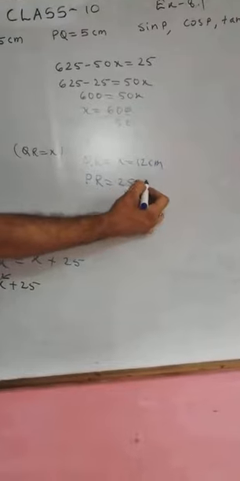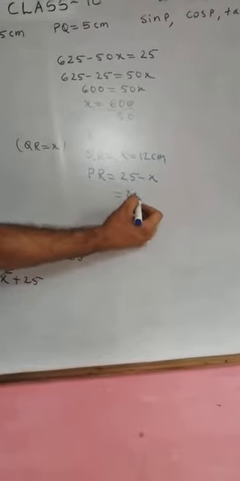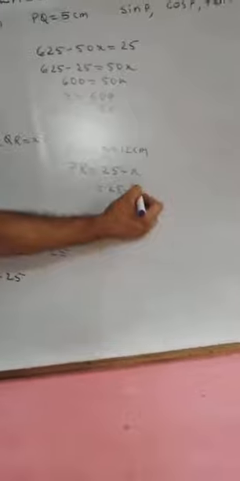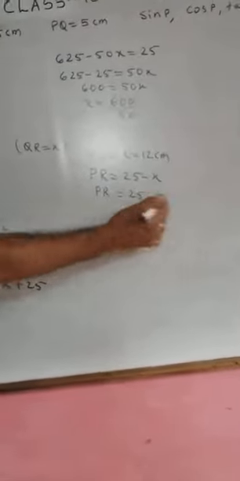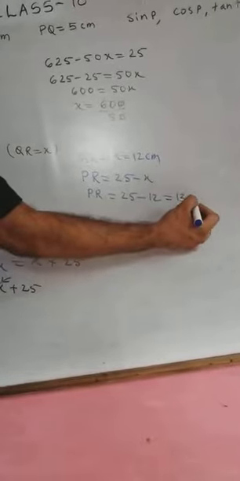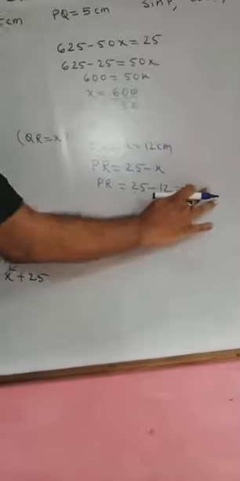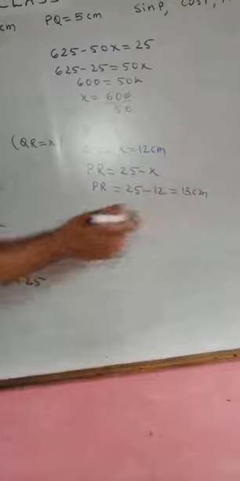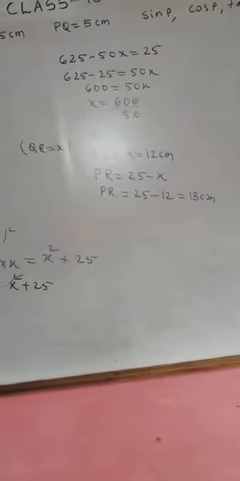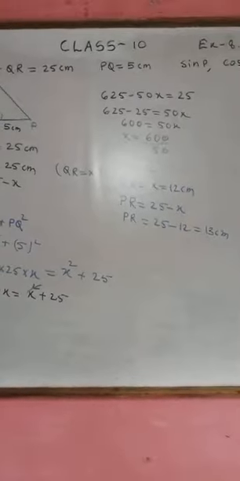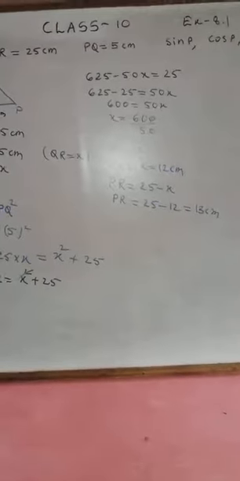PR is 25 minus X. So 25 minus 12, PR will be equal to 13 centimeter. And always keep in mind hypotenuse will be greater than the other two sides. So we got 13 for PR.